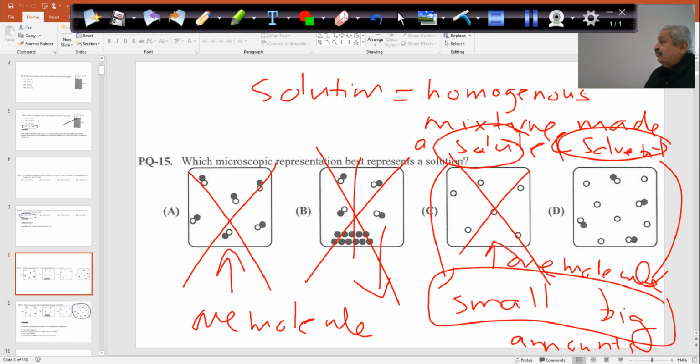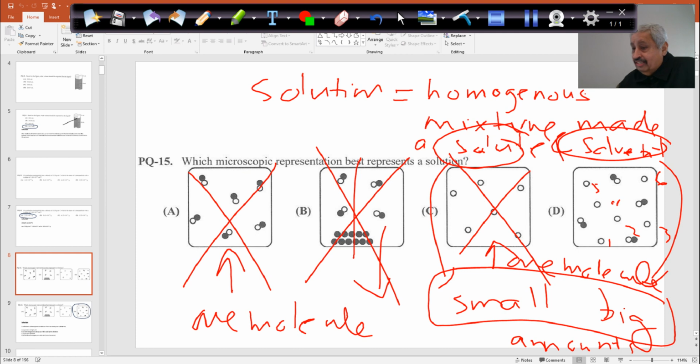Correct? But from the picture of the last one, what does it say? We have two types of molecules. Are you following me here? One type is the blank one, which seems to be in large amount. How many dots do we have? 1, 2, 3, 4, 5, 6.